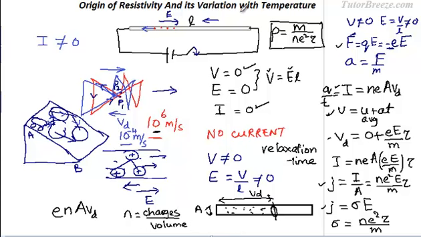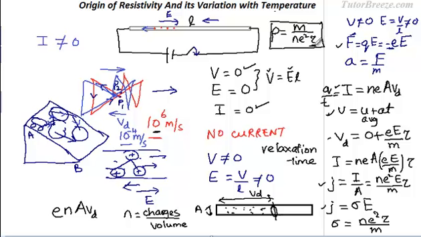See, it is not difficult to understand the variation of resistivity with temperature. If you take a look at this expression, when the temperature increases, then the kinetic energy of the electrons is going to increase, which means their motion becomes more random. As it becomes more random, the collisions will be more frequent. And if the collisions are more frequent, the time between two collisions will decrease.